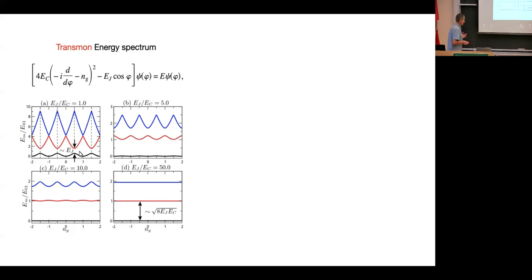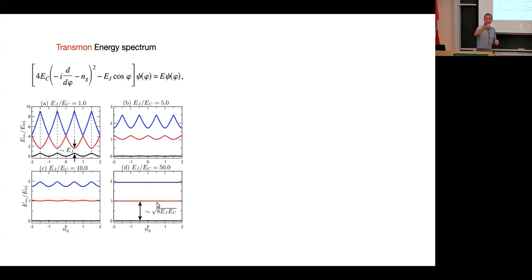So what the authors of the 2007 paper proposed is to go to what we now know as the transmon limit, where EJ, the Josephson energy, is much larger than the capacitive energy. Then this problem starts going away. For instance, when this ratio is, say, 50, the energy levels become completely independent of the offset charge.